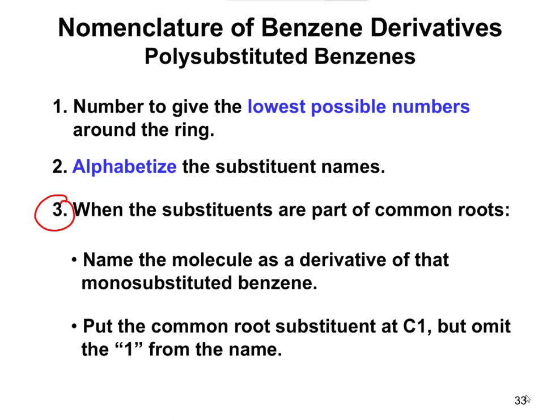So the parent chain would be toluene, or the parent chain would be phenol, or the parent chain would be aniline. And by default, that common root substituent, so like the methyl group on toluene, would automatically go on carbon 1. You don't write the 1 in the name, but it's understood that that's going to be at carbon number 1. So it'll make a little more sense whenever we do some examples of this.